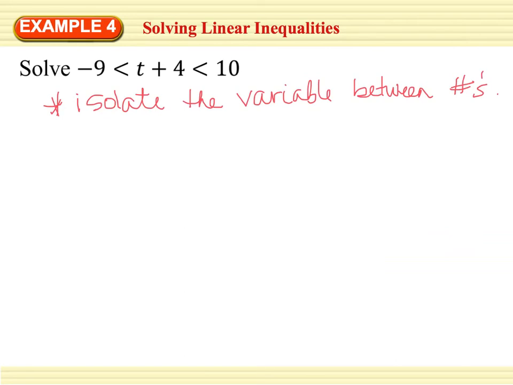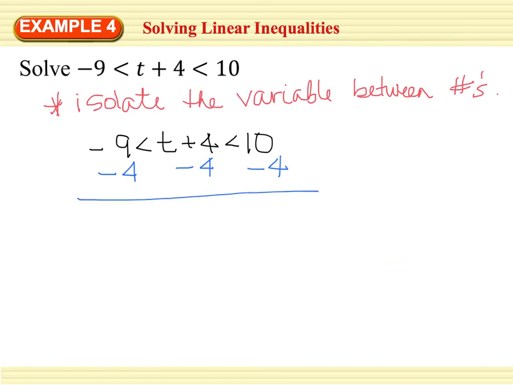So in other words, if I have -9 is less than t plus 4, which is less than 10, I'm going to try to isolate this variable t, and to do that, I need to get rid of the positive 4. So to undo a positive 4, I'm going to subtract 4 out of the middle, and if I subtract 4 out of the middle, then I must also do it on the left and on the right.